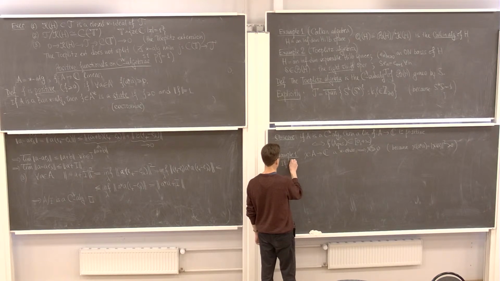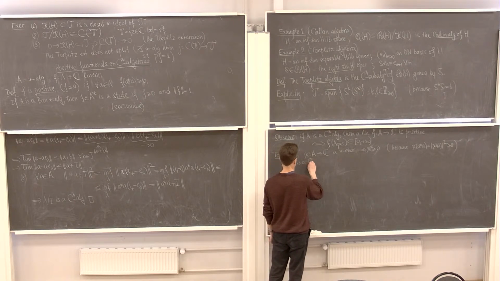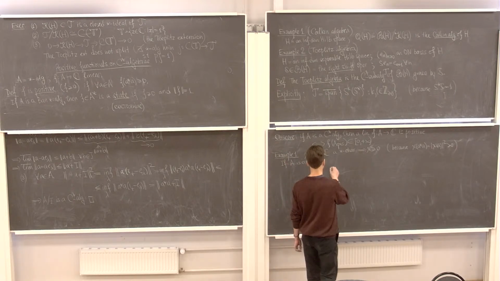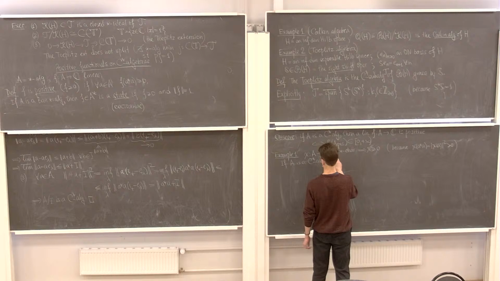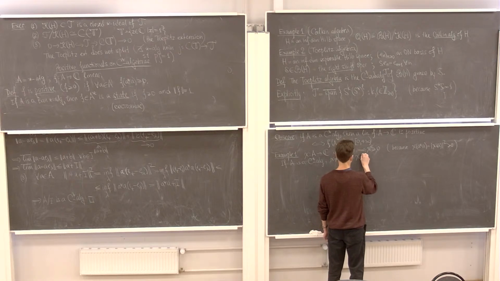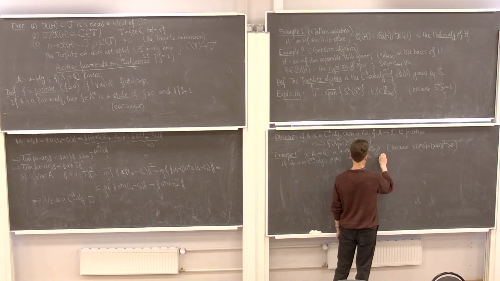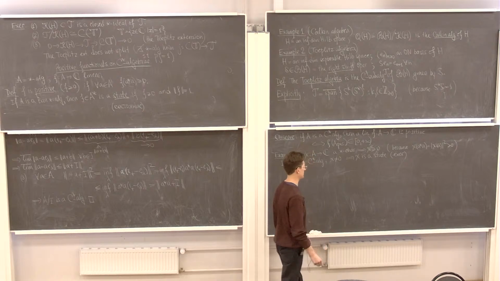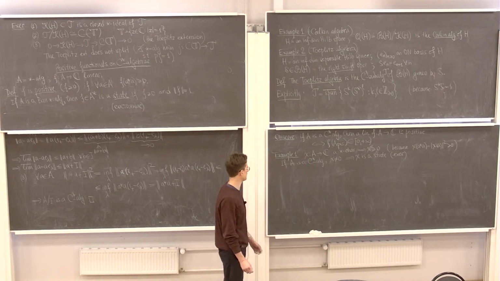Moreover, if A is a C-star algebra and chi is a non-zero character, then chi is a state. This is a little exercise here. It's clear that the norm of chi is less than or equal to 1, but it's rather easy to show that this is exactly 1.